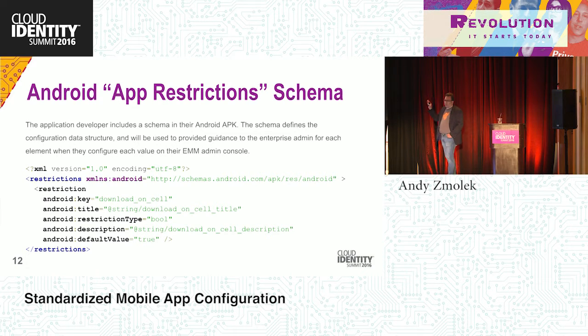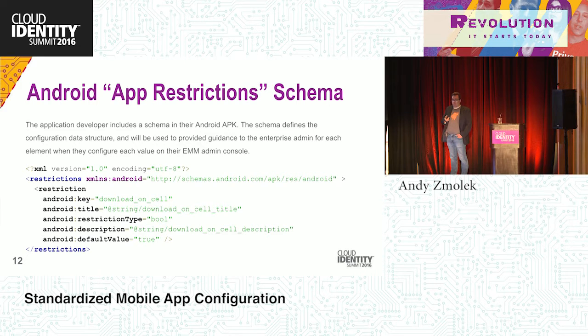So let's look really quickly at the schema. It's relatively straightforward. You've got a key, you've got a title, and you're going to connect that to a string. So you want to be able to give the EMM what they need to paint the picture for the admin of, what is this thing that I want to be configurable. You define the restriction type. In this case, we're showing a Boolean.